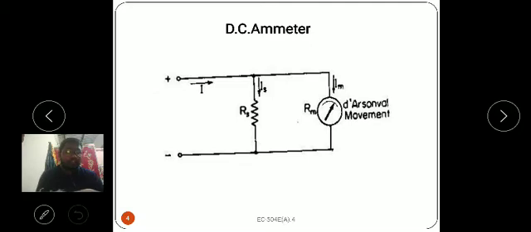When large currents are to be measured, it is necessary to bypass the major part of the current through a resistor called the shunt. Then the resistance of the shunt can be calculated using conventional current analysis. This is the basic concept of the DC ammeter.